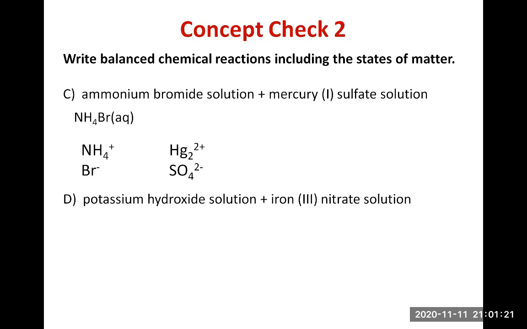Together, Hg2 2+ and SO4 2- will make a neutral formula by having one of each ion, because the 2 positive charges and 2 negative charges cancel. So it's Hg2SO4, don't forget the 2 there. It's an aqueous solution. Now let's exchange the partners of the ions. We will put the ammonium with the sulfate and the mercury(I) with the bromide.